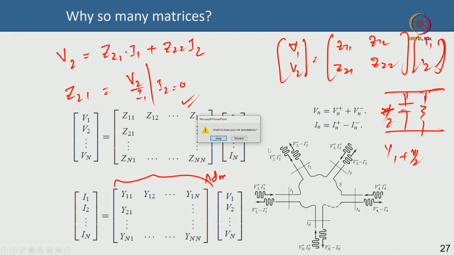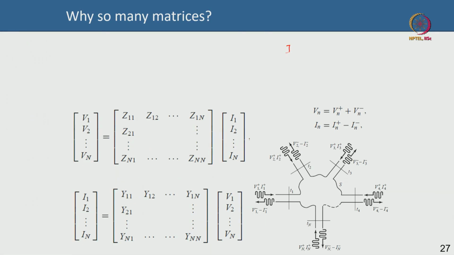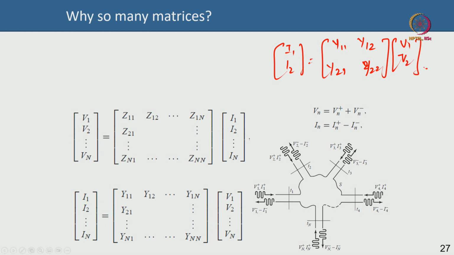Now if you have an admittance matrix, I1, I2 will be equal to Y11, Y12, Y21, Y22 times V1 and V2. Suppose I now write down I1 equal to Y11 into V1 plus Y12 into V2.